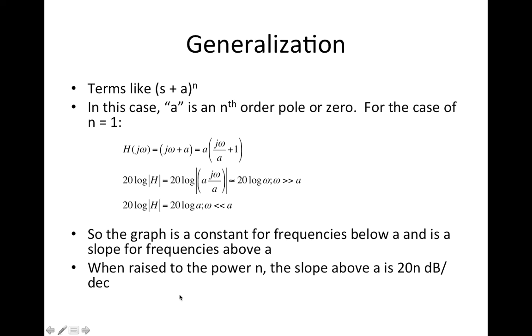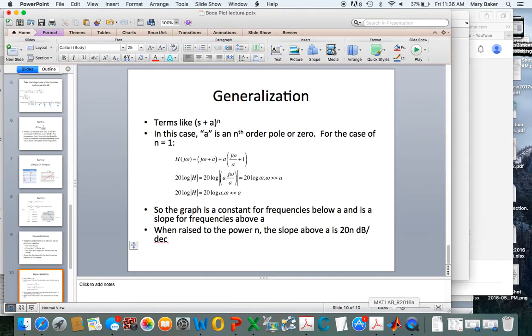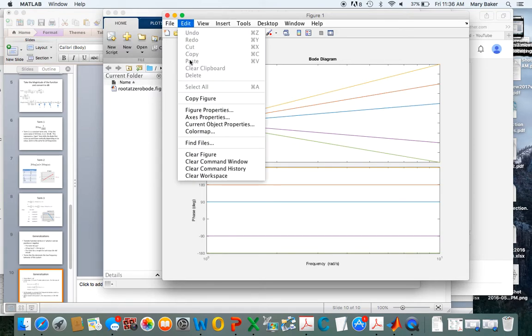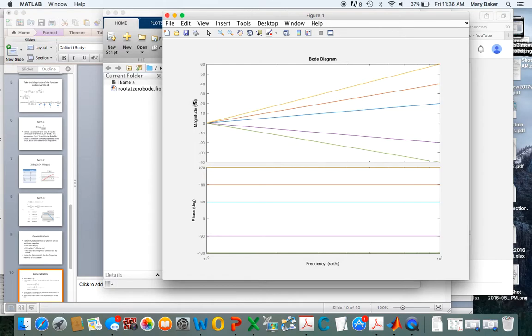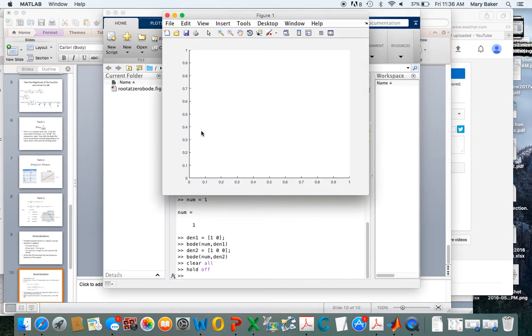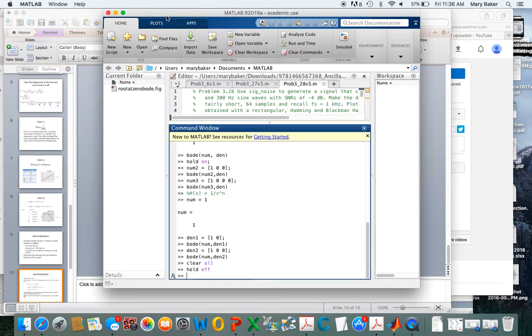So let's now go to MATLAB and look at some examples. This is our previous figure. Before I close this out, I'm going to copy this figure to the clipboard. And now I'll close this figure out and let's clear all. For now we will hold off on the graph so that we don't retain any previous graph information.